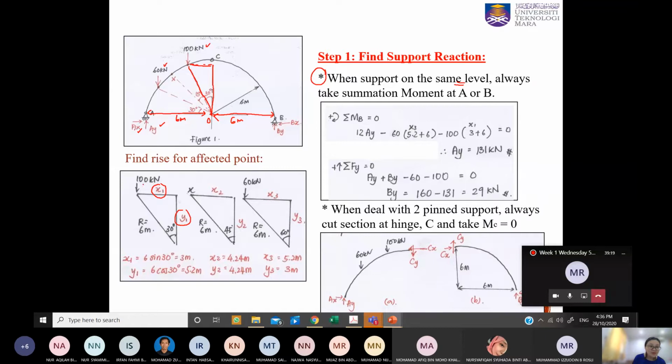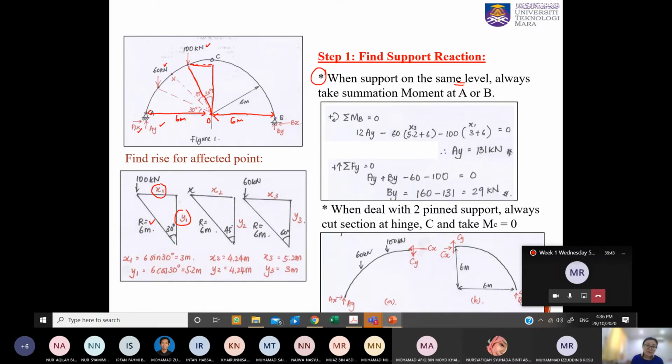So 100 kilonewton is here, and then we have a 30 degree angle, and we already know the hypotenuse R. So you can get the horizontal and also vertical, the base of the triangle and the height of the triangle directly from the system. How?